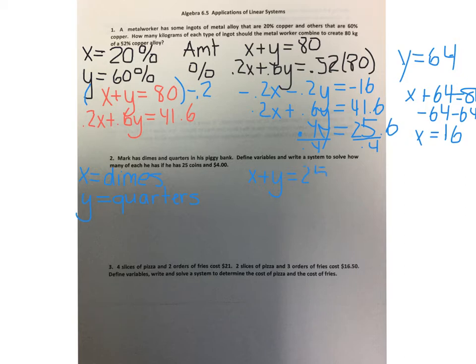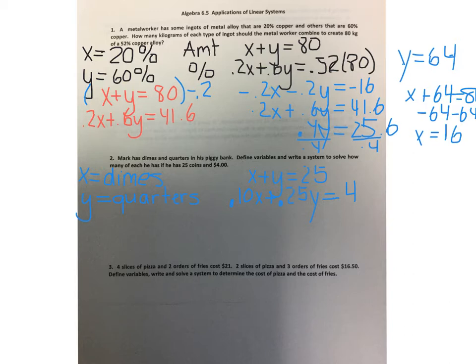Then I can look at the value of these. So a dime is 0.10x. A quarter is 0.25y. And it told me that I want to have $4. Then I can do the same thing.